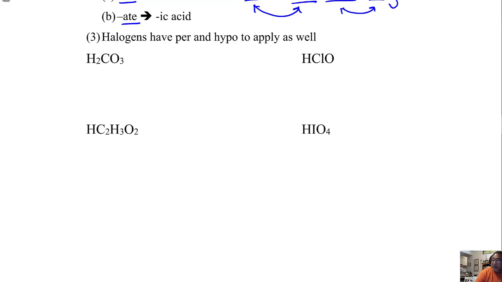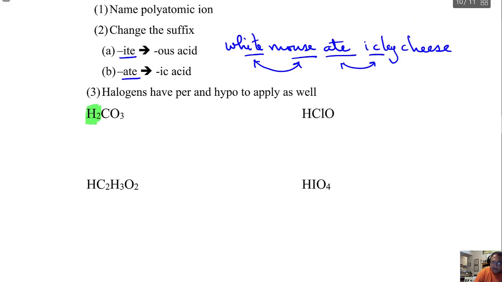H2CO3, that would be hydrogen carbonate. That would be its molecular name. We would name it with the hydrogen, and then we would say carbonate. In fact, there's 2 hydrogens, so it would have to be dihydrogen carbonate. Now, when we name it as an acid, we ignore the hydrogen, and we look at the polyatomic ion.